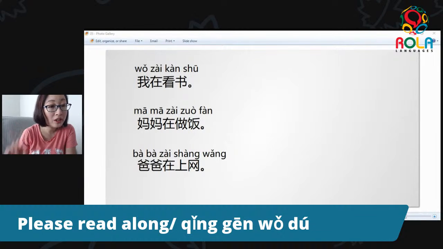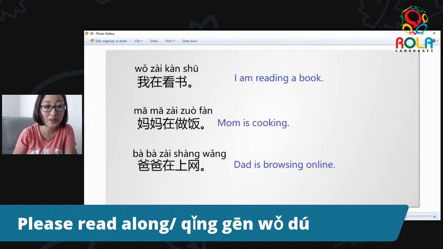So when we pair these three verbs with 在, it turns into the present continuous tense. It turns a verb into verbing, into doing something. So with that in mind, it's not hard to figure out. The first sentence means I am reading a book. And the second one means mom is cooking.